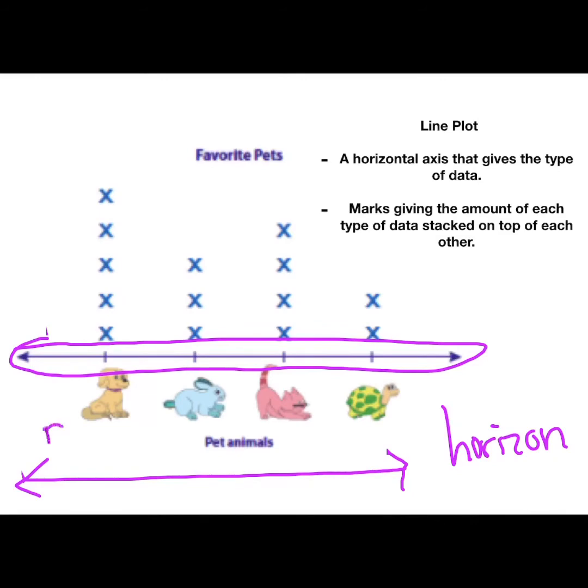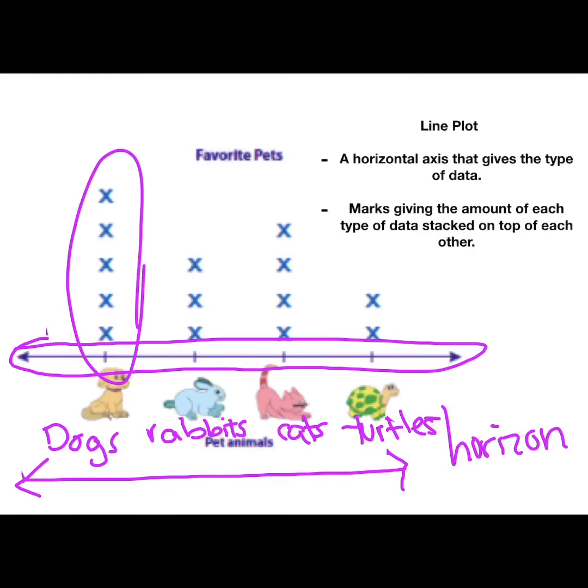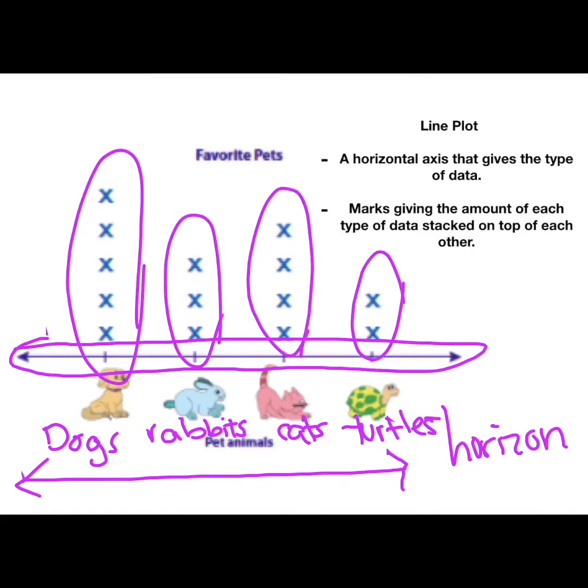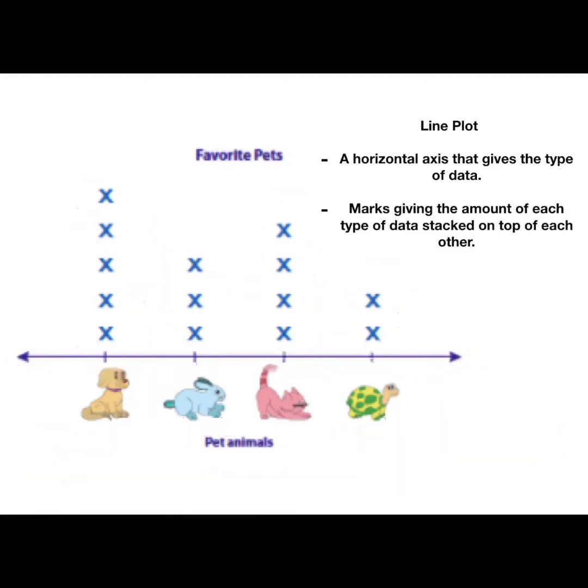In this case, it's dogs, rabbits, cats, and turtles. Then it has marks that give each type of data that are stacked on top of each other. So that tells us how much of each type of data there is.